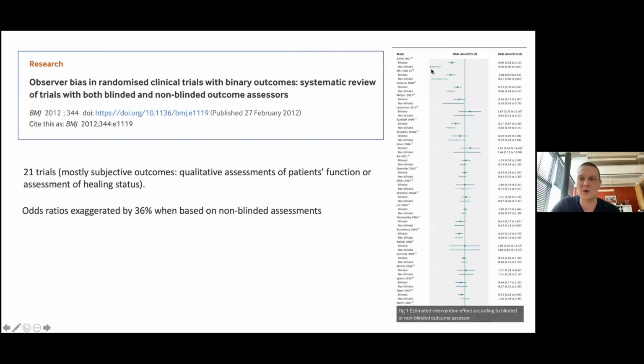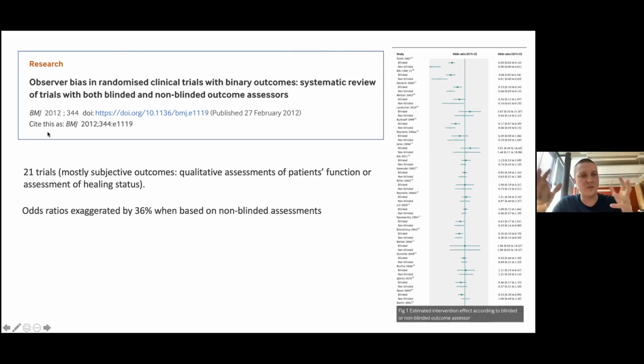You don't really have to understand this image, but you can see that for every study included in the systematic review, there's an empty box and a filled box. The empty box shows the non-blinded ones, and you can see all the non-blinded assessments are very exaggerated. Even though it's very subtle, and maybe this person who is asking the patient about how they feel or function doesn't want to bias results, and may be aware of the problem, still it creeps in.